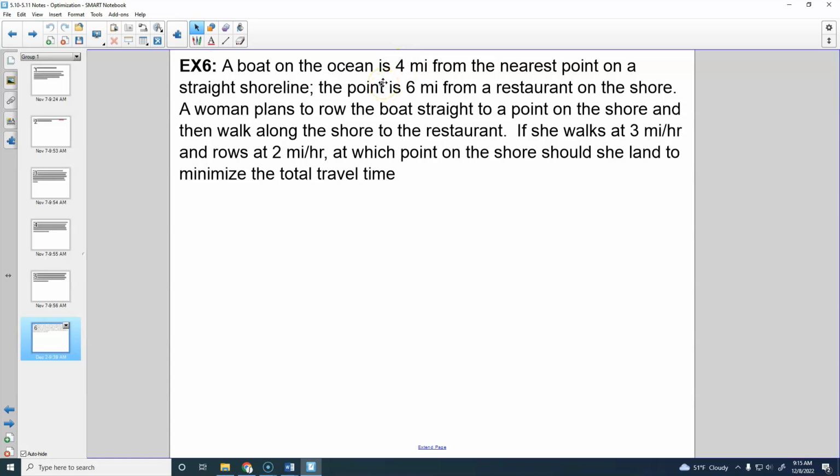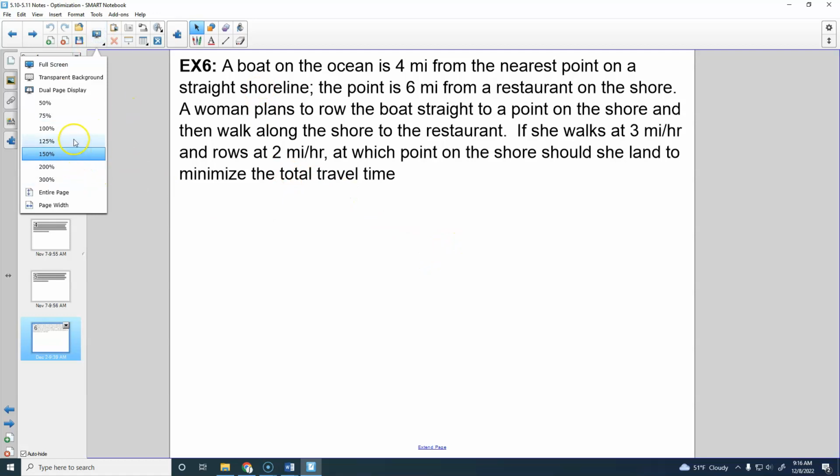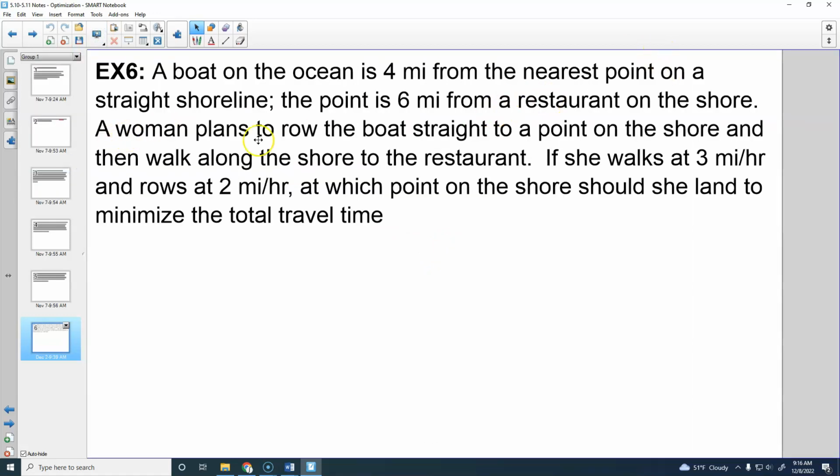This particular problem is obviously not a situation where you would necessarily actually sit out there and figure this out. However, there is a similar problem I'm going to give you that I think would make a big difference. So, a boat on the ocean is 4 miles from the nearest point on a straight shoreline.